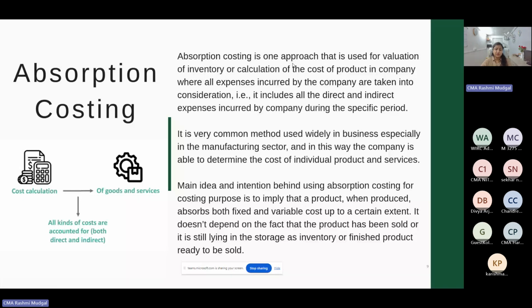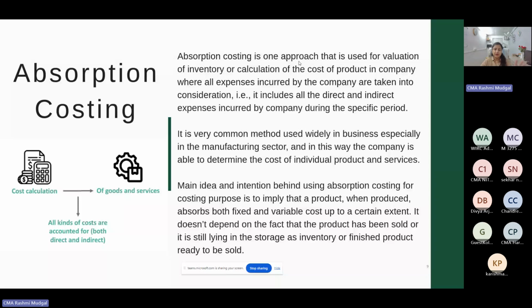The main idea and intention behind using absorption costing is that a product when produced absorbs both fixed and variable cost up to a certain extent. We can't say a product has been produced without any fixed cost, so we are allocating the fixed cost.